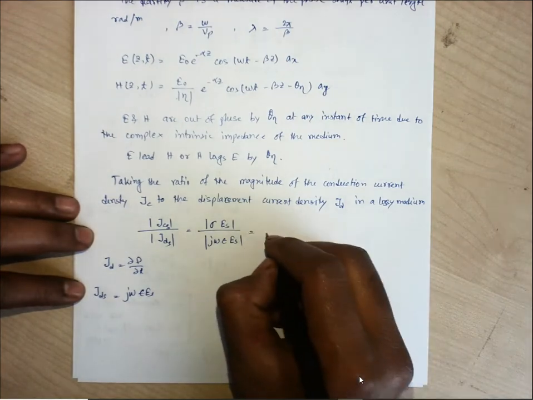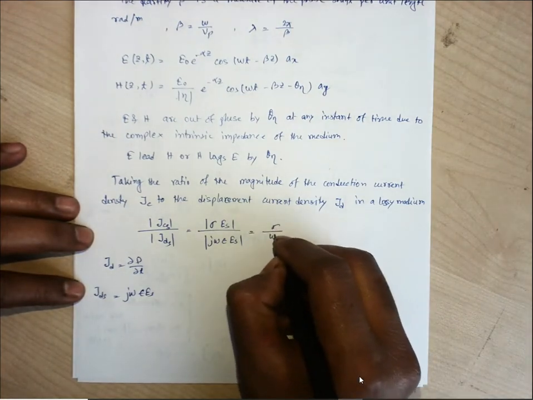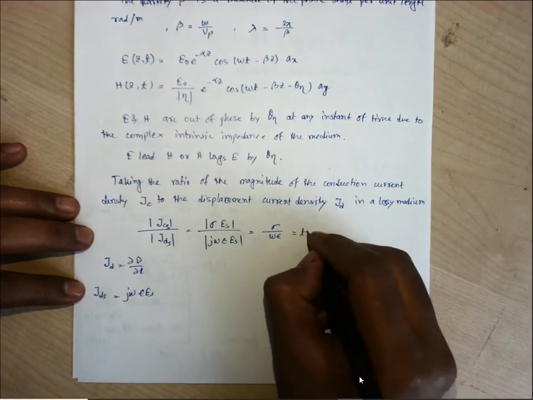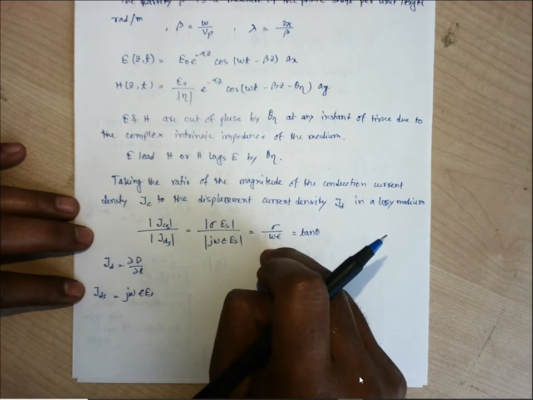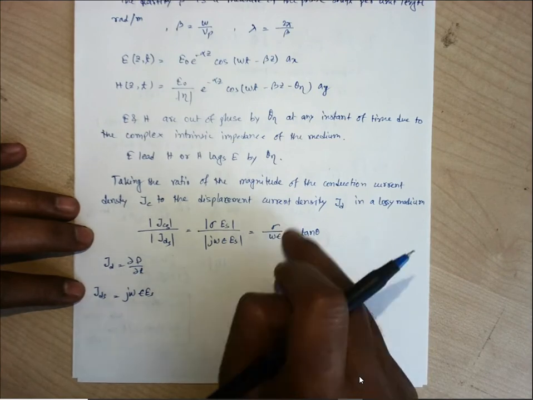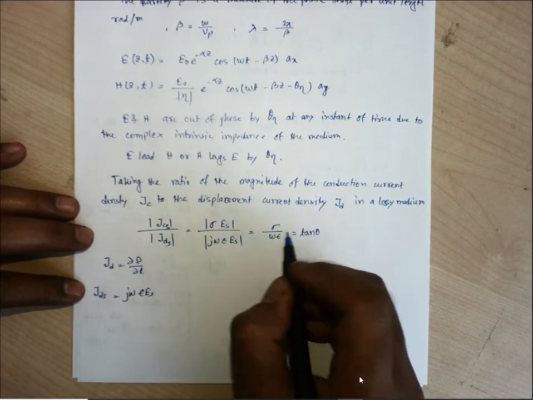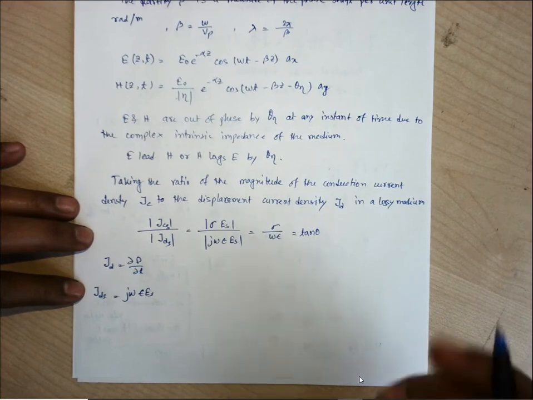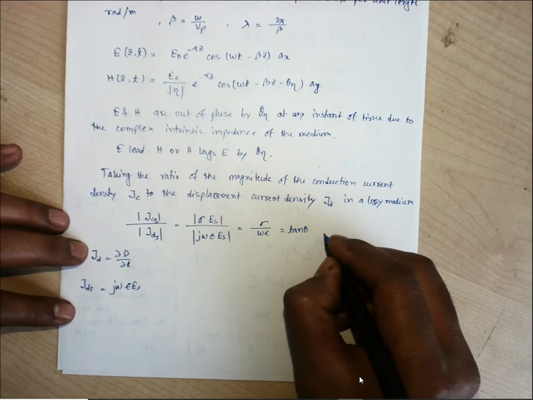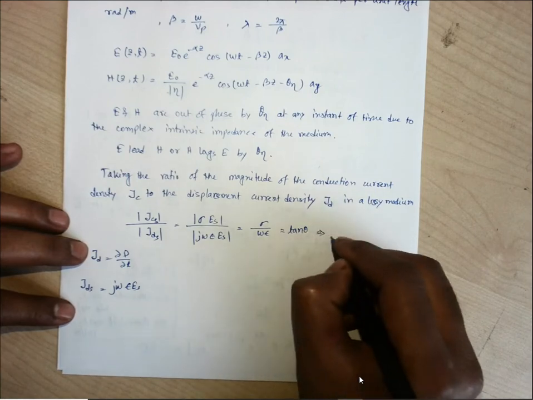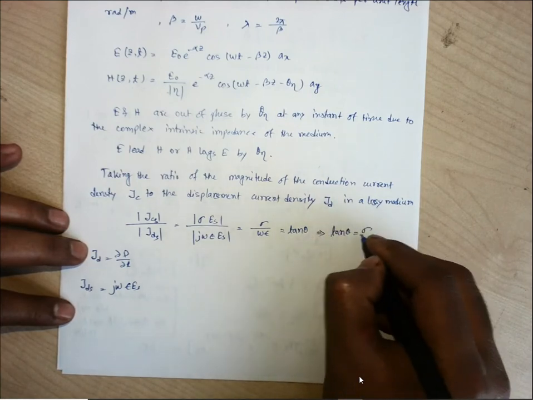So this ratio can be written as sigma by omega epsilon, which is tan theta. If you can remember, on the first day when we started wave propagation, we defined our medium with respect to this quantity sigma by omega epsilon. So what is this? Tan theta is sigma by omega epsilon.